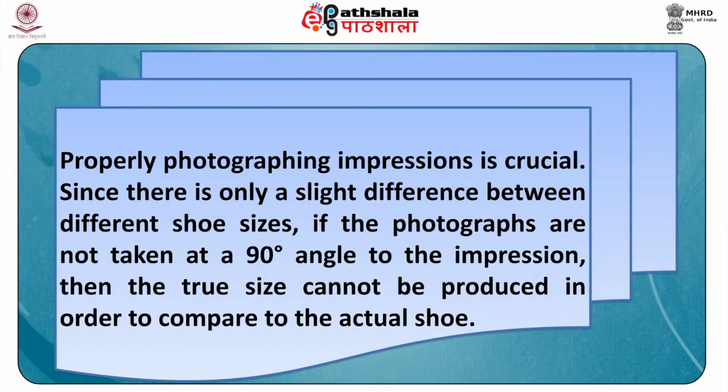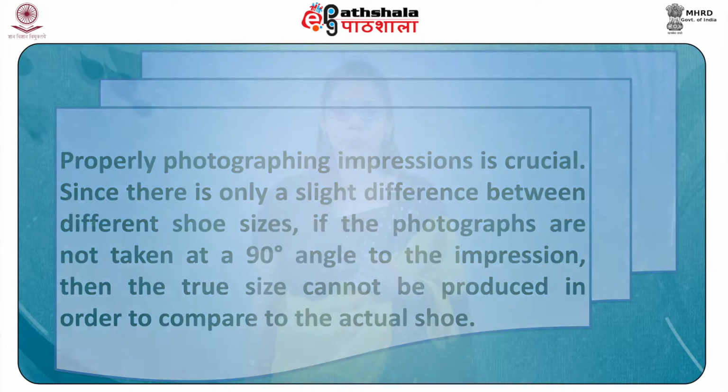Properly photographing impressions is crucial since there is only a slight difference between different shoe sizes. If the photographs are not taken at a 90-degree angle to the impression, then the true size cannot be reproduced in order to compare to the actual shoe.